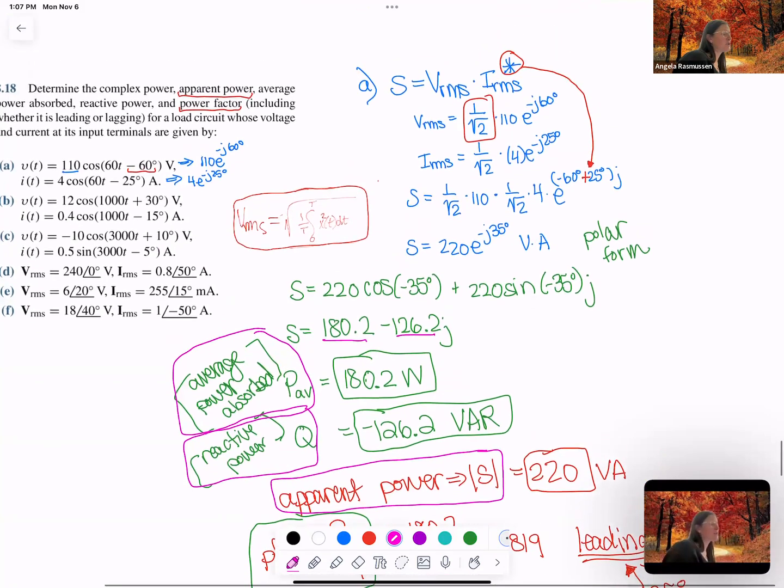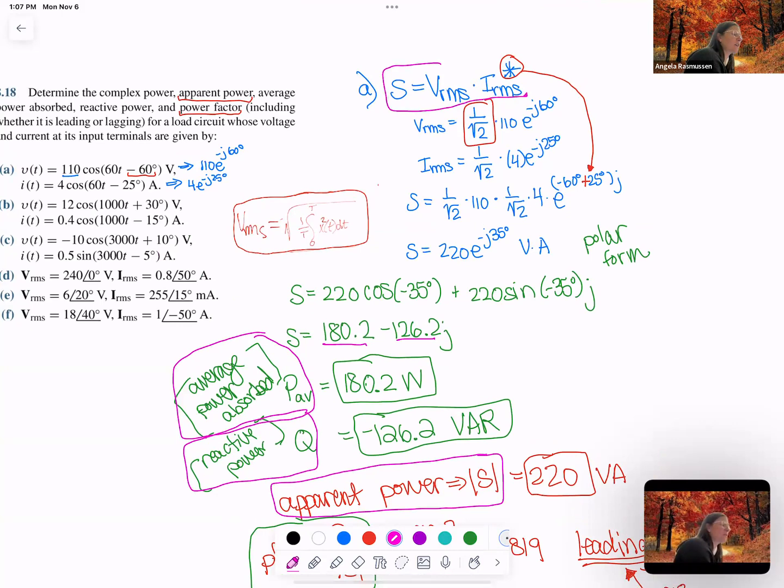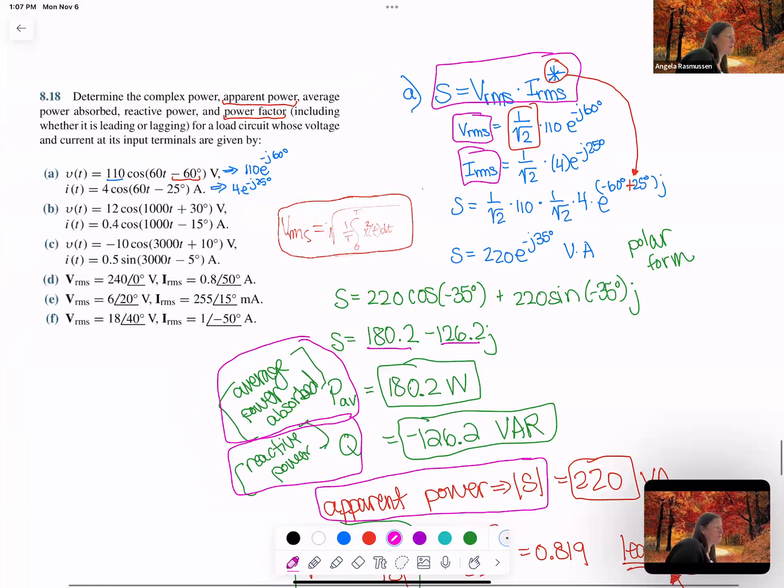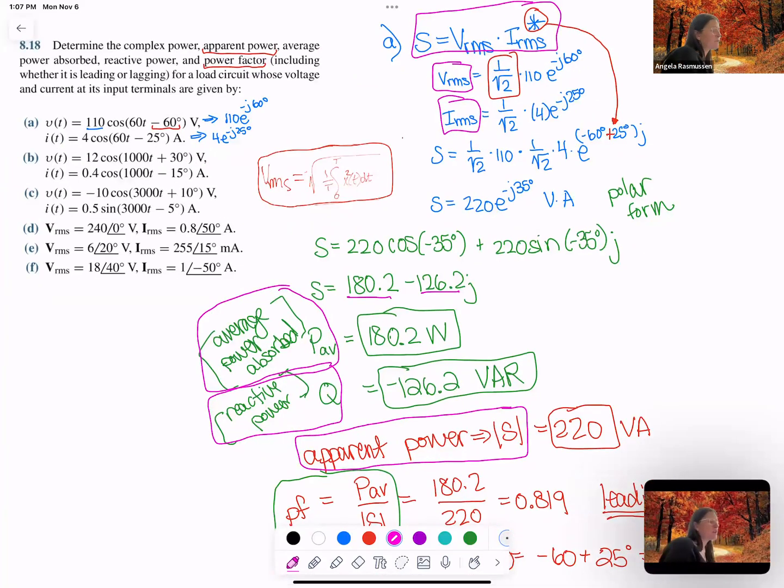So understanding those terms, getting the S in polar form. So this is your complex power. And then how to determine V RMS and I RMS. If they're in cosine form, you can find that by just taking 1 over the square root of 2 in polar of those. If they're not in polar, you have to transfer them over into polar form.